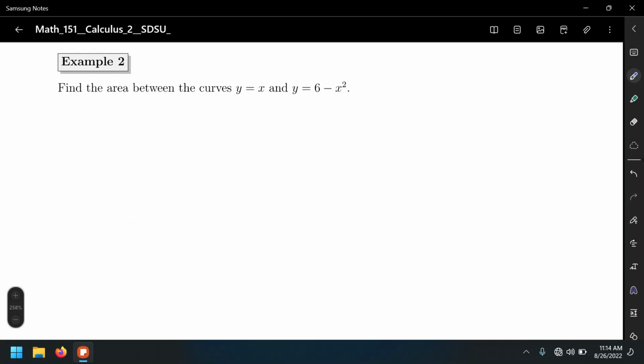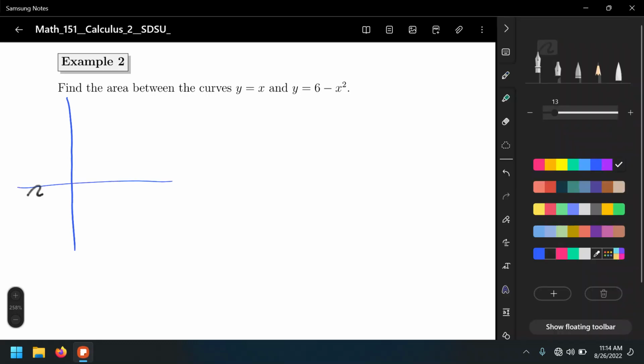So let's start sketching the region of integration. We have an upside down parabola with a y-intercept at 6. So y equals negative x squared plus 6. It's an upside down parabola shifted 6 units up. And on the other hand, we have this diagonal line.